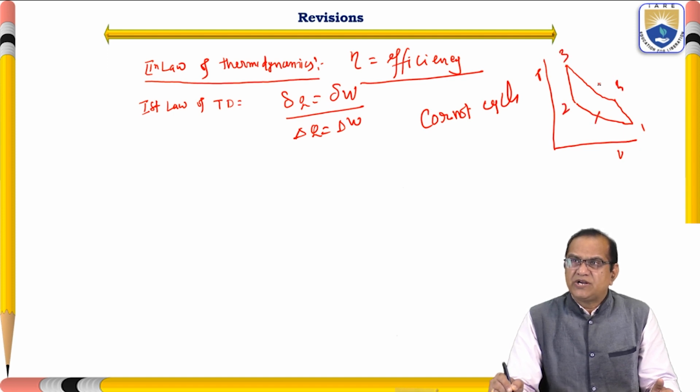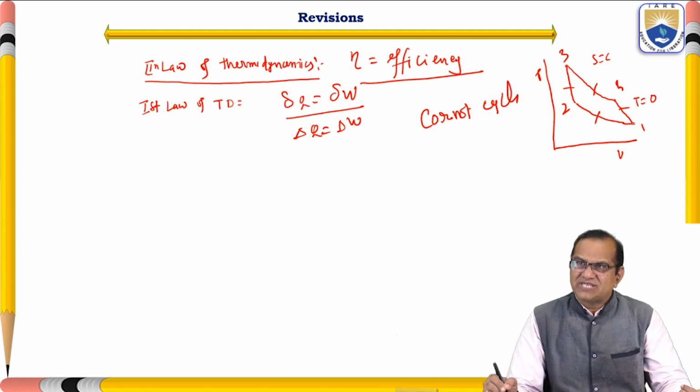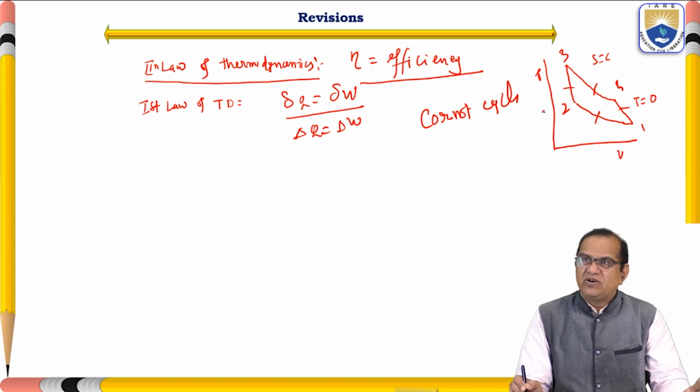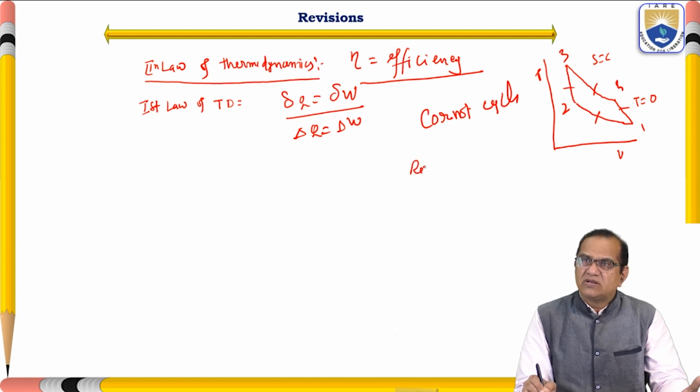So 1 and 2 have S equal to constant, and the temperature is constant in the others. So we have here two processes, and all the processes 1 to 2, 2 to 3, 3 to 4, 4 to 1 are reversible adiabatic processes, and it means here entropy remains constant.